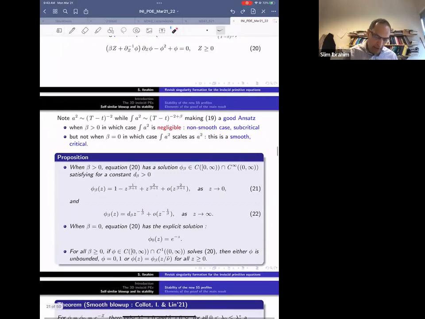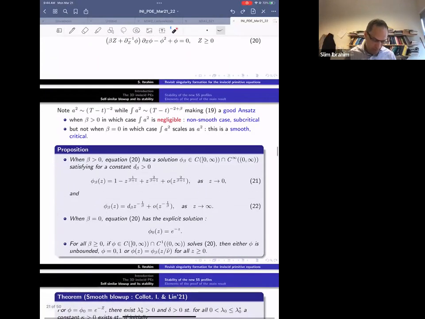Now, if you take beta to be 0 in this profile equation, then you end up with an explicit solution, and this explicit solution is exponential minus z. Nothing to hope better than this.